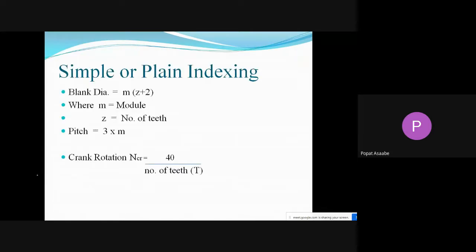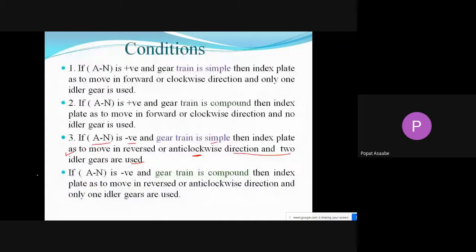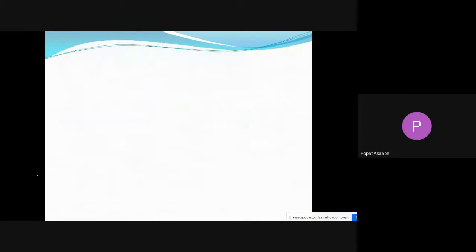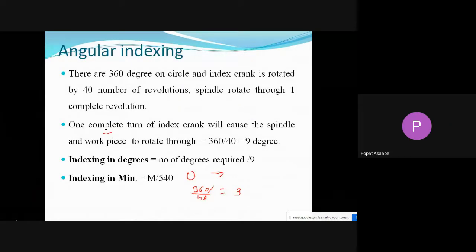Okay, from this we have found one formula, for the angular indexing. From this concept we will get one formula, that is indexing in degree. Suppose we want to calculate the indexing in degree. What is the formula?